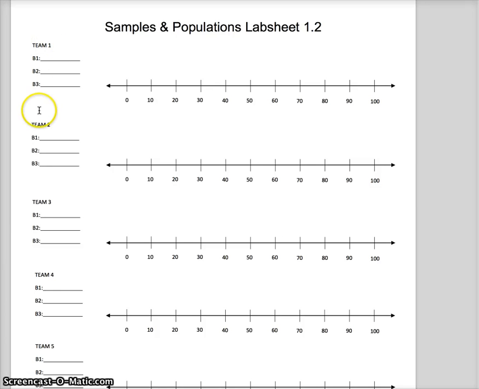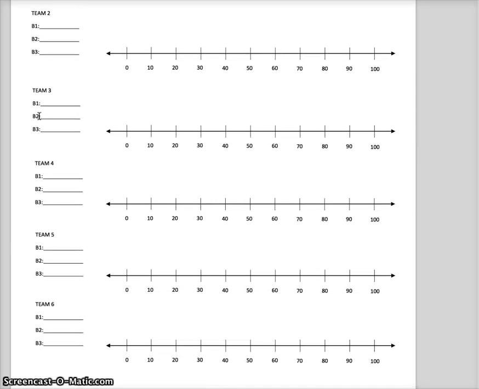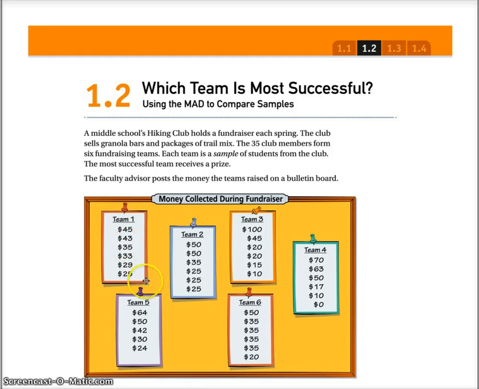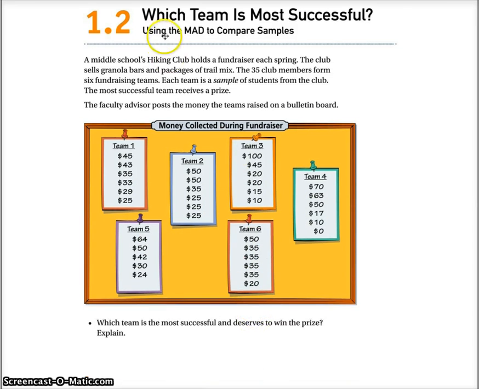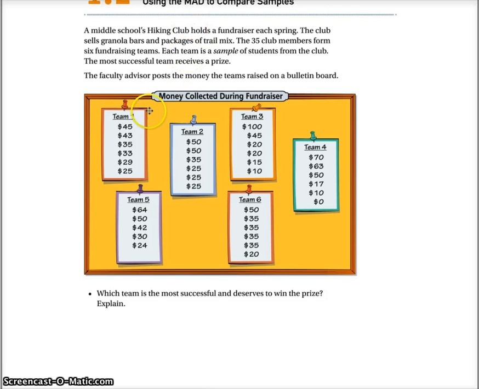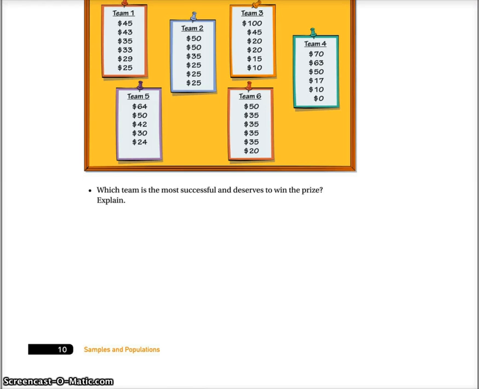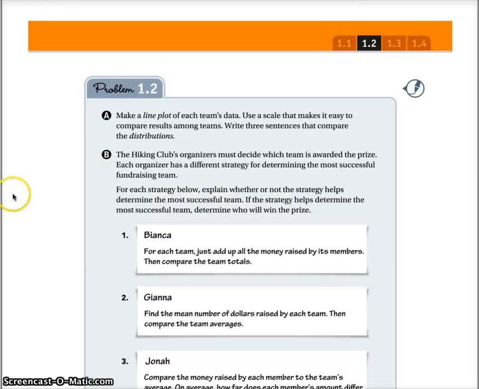There are 6 teams, using MAD to compare course samples. So we're going to find the MAD of each one of these. We'll make a line plot of each team's data and use the scale to make it easy to compare results.